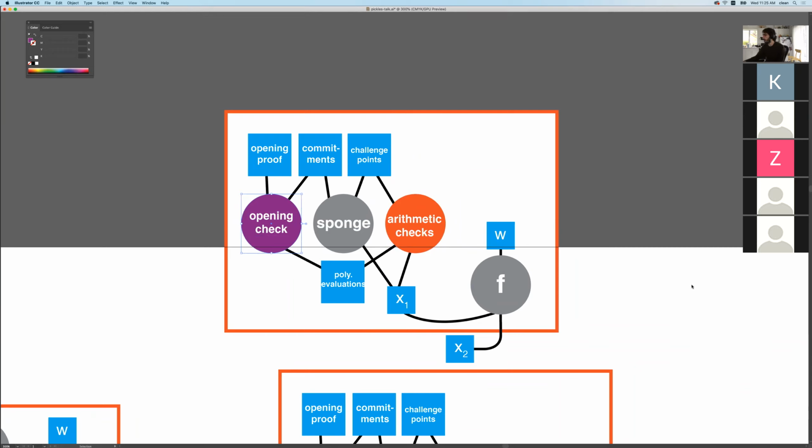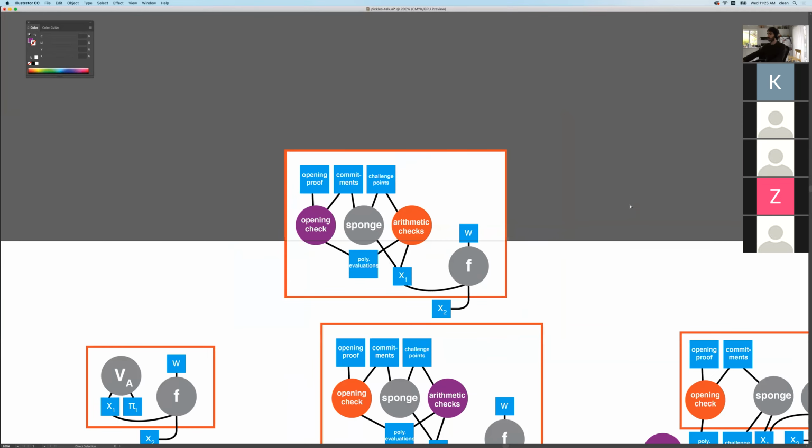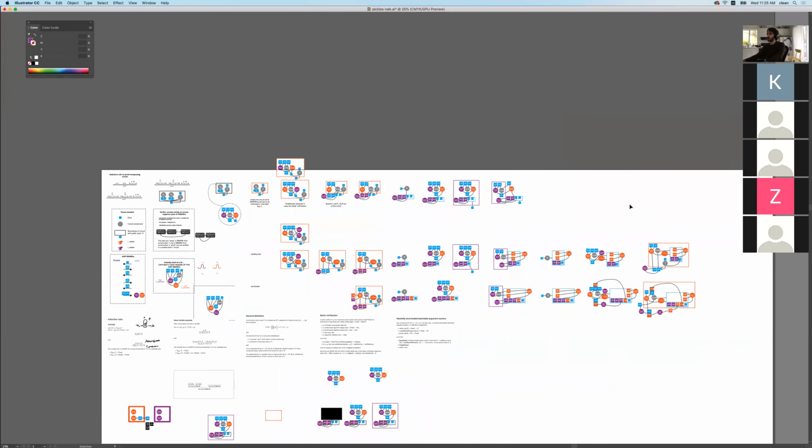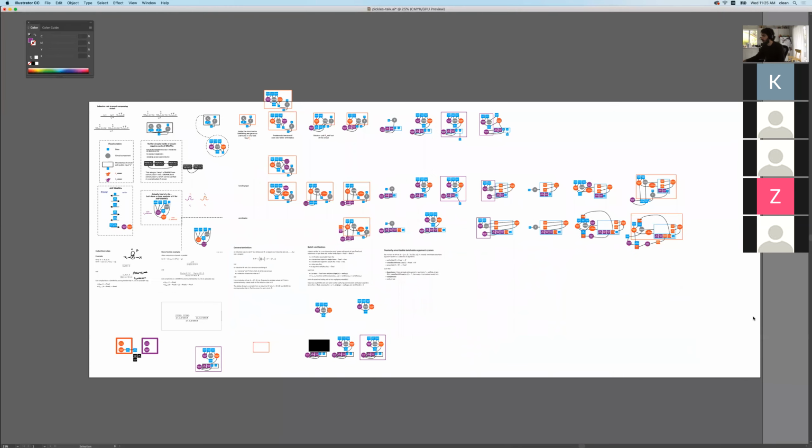Henry, do you want to go ahead? Okay, so my question is about how you could also do this with MNT curves. It seems like to get inductive composition of snarks, there are two ways you could do that.